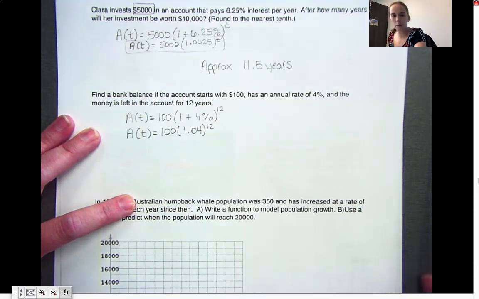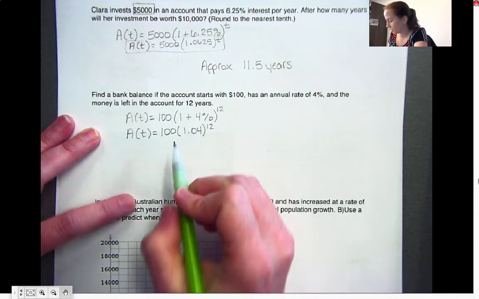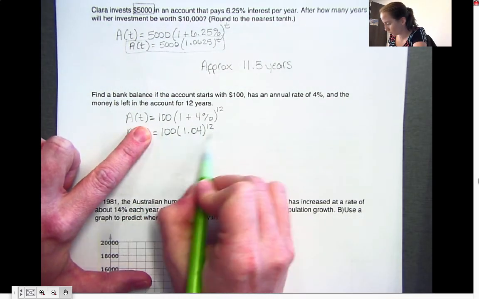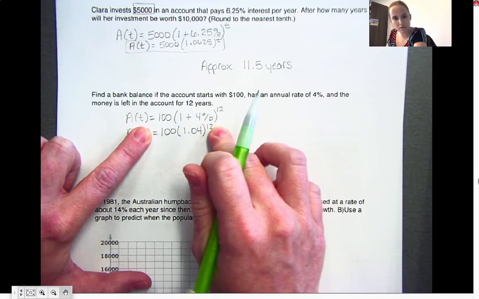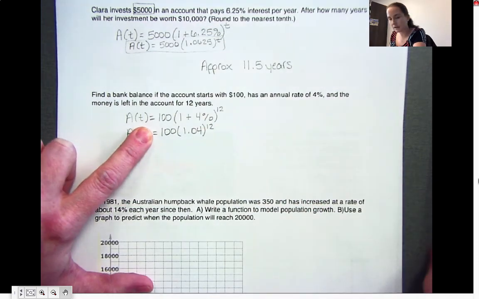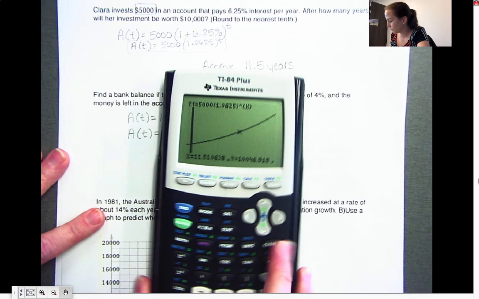to the 12th power. Now in this case, I don't need to put this in y equals because this is a value. We can multiply, raise it to the power, and then multiply it and get a value. Nothing's missing there.